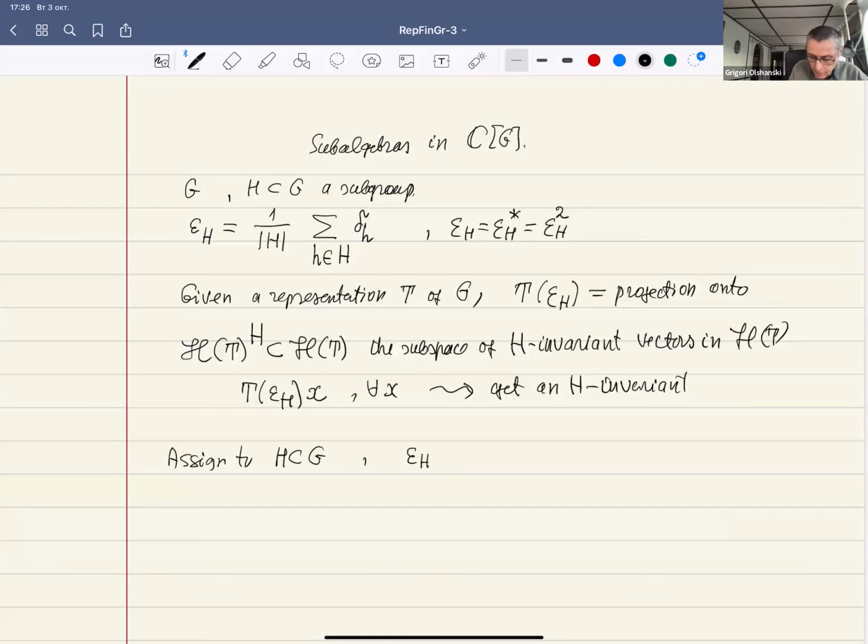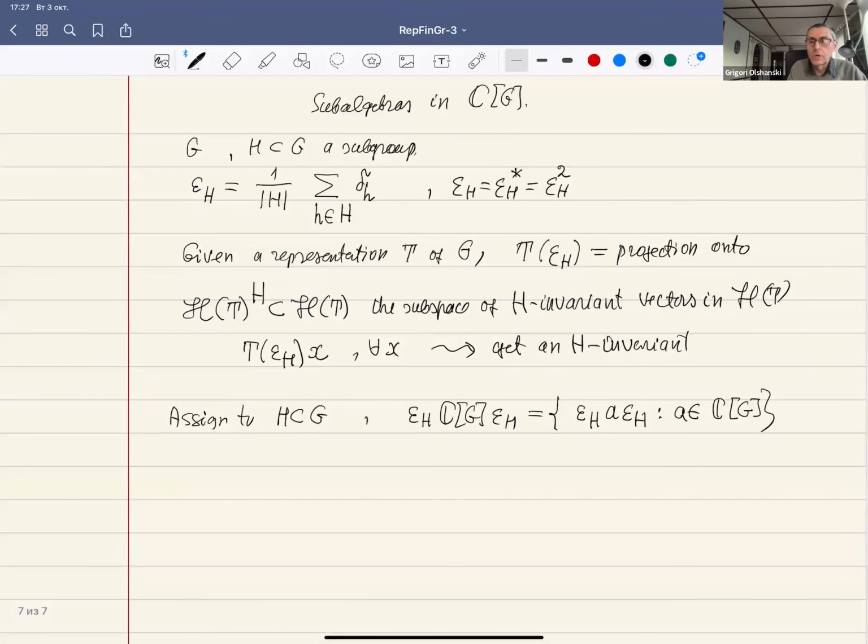By the very definition, it is the set of elements in the group algebra of this form. This is a very standard construction for algebras.